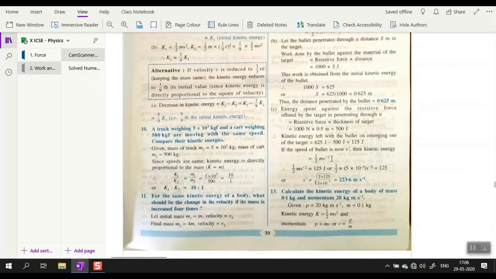Yes, the final energy spent against. Oh, so they have used this relationship that the energy with the bullet initially was 625 joule and it spent 500 joules of energy, so it had 125 joules of energy left with it, and that energy they used to find the final velocity of the bullet.